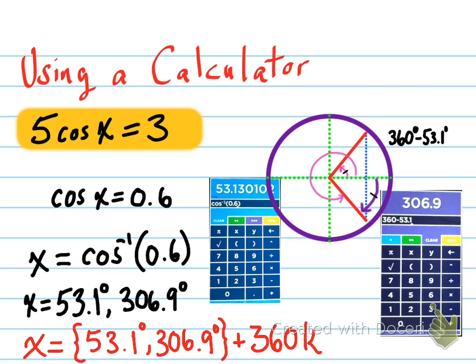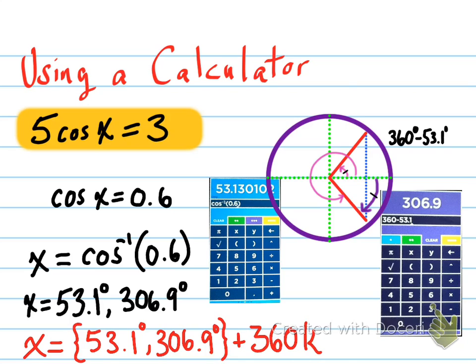And that, of course, as you may recall, covers the fact that there are literally an infinite number of solutions by going around the circle more than once in either direction from these angles. So there's our method, and all we had to do was subtract our calculator answer from 360.